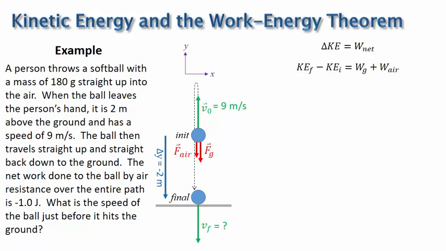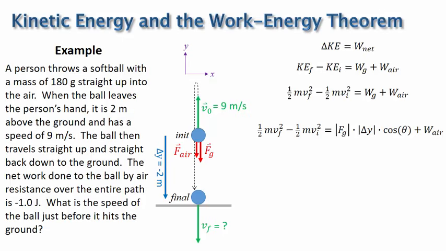Then we can expand each kinetic energy term into 1/2 mv squared, so 1/2 mv final squared minus 1/2 mv initial squared. In the problem, we're given the value for the work done by the air resistance. For the work by the gravitational force, we are permitted to use the equation force times distance times the cosine of theta because the gravitational force is constant, which is a restriction on this equation.